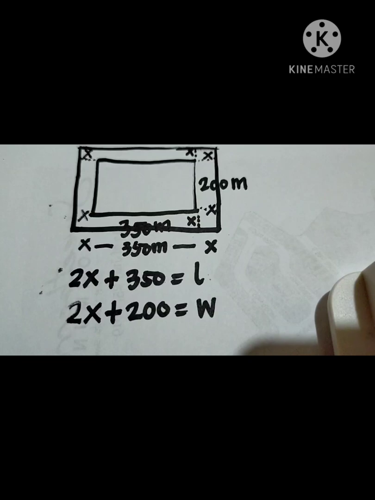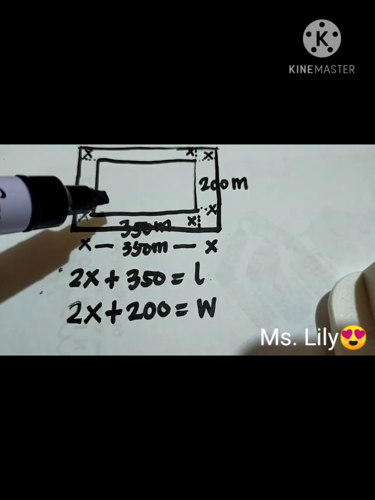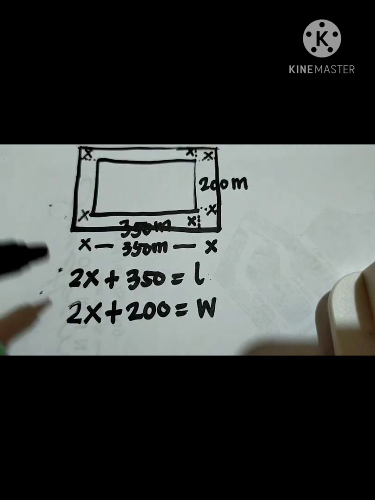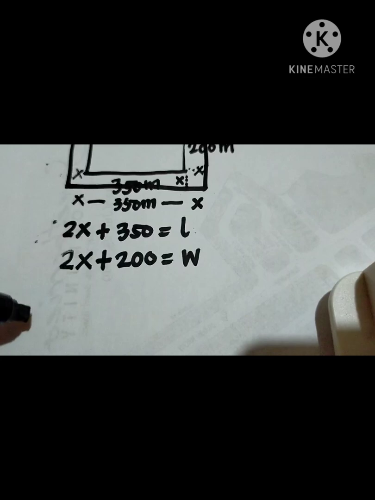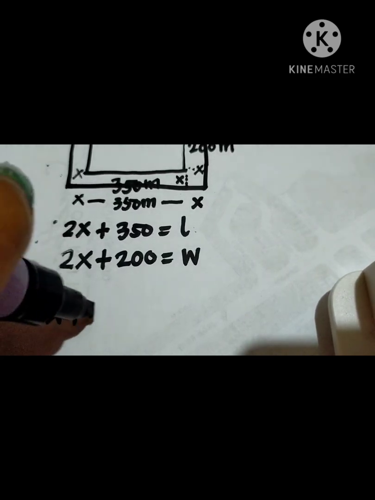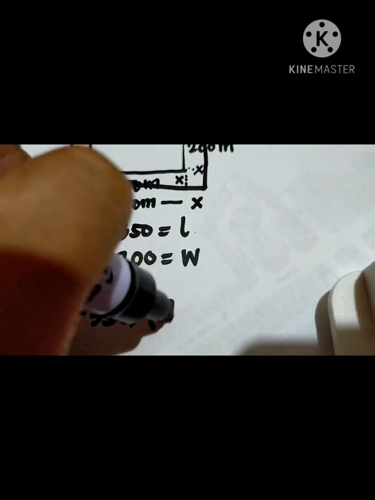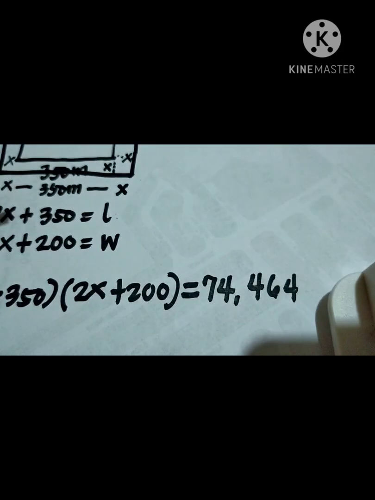Now, since the total area of the bigger rectangle, which is the park and the pathway, is 74,464 square meters, we have the equation (2x plus 350) times (2x plus 200) equals the area, 74,464 square meters.